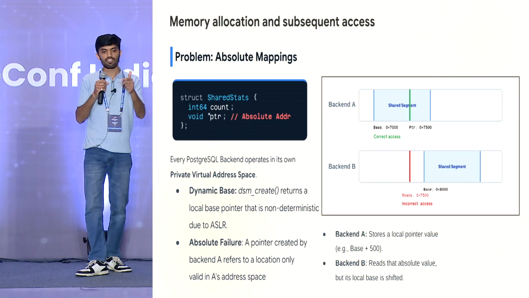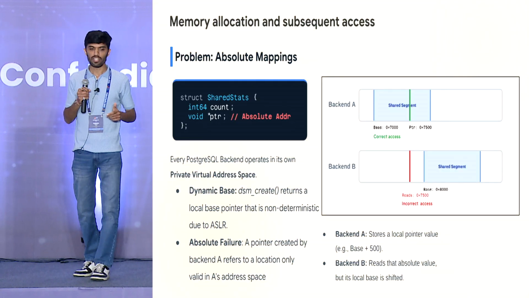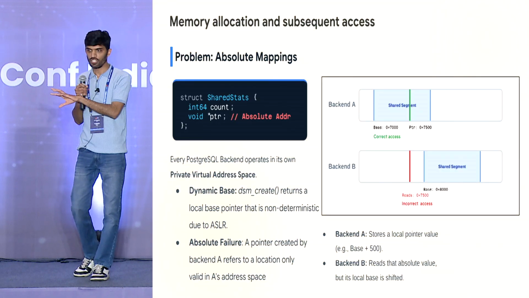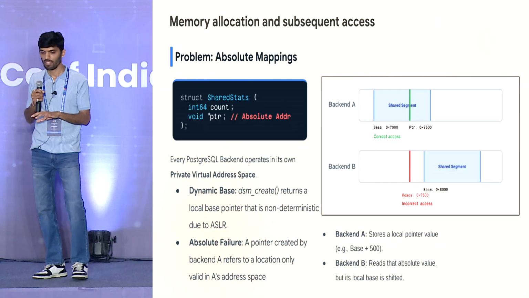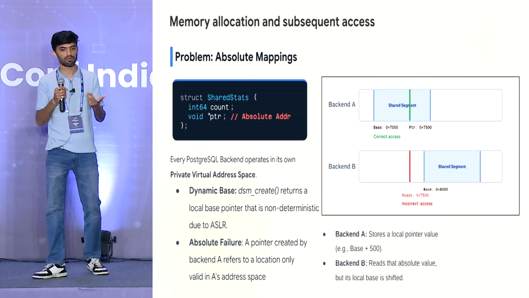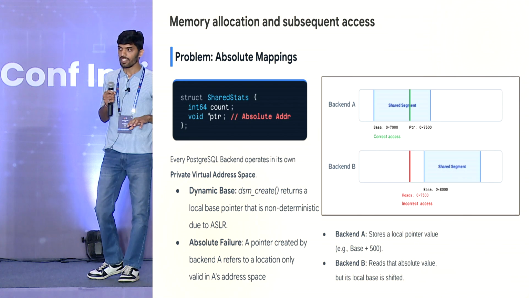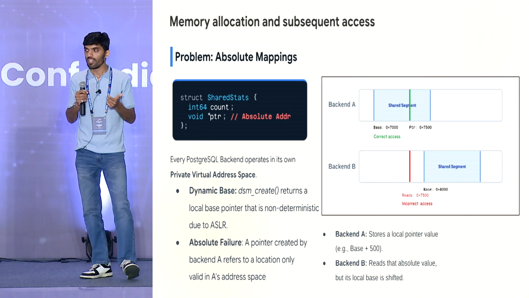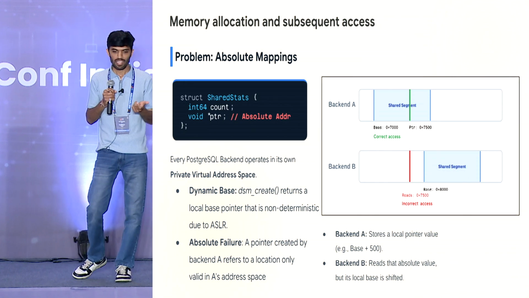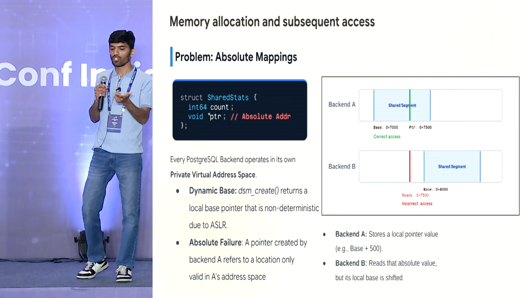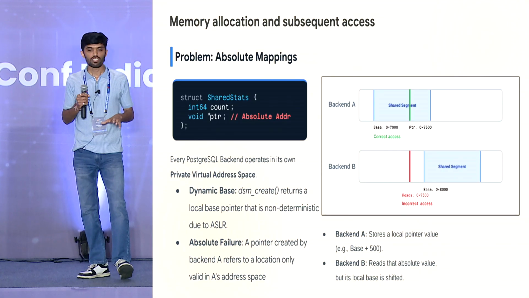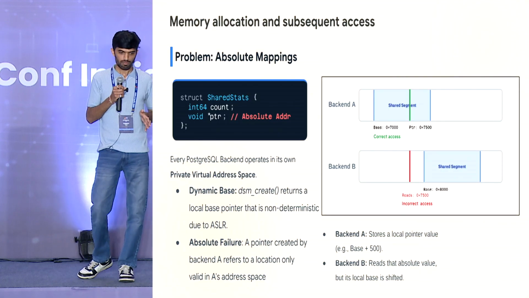Now this field pointer here, which is the void pointer, let's say that is another object which was also created in DSM by backend A, right? Since backend A has created it, the value of this pointer is in reference to backend A, and in this case, let's say it is 0x7500, which is 500 bytes ahead of the base address.